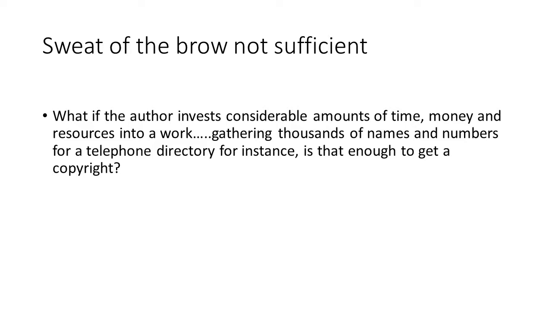And a case that shows that, and I kind of alluded to it last lecture, is the biologist who did all that research on the elephant, gathering information about the elephant, weights and so forth. Those are facts, and they're not copyrightable.